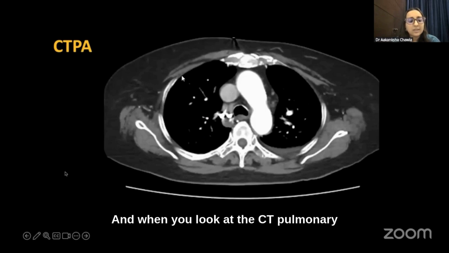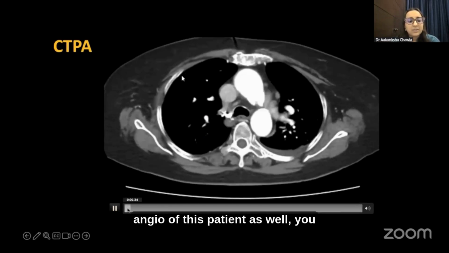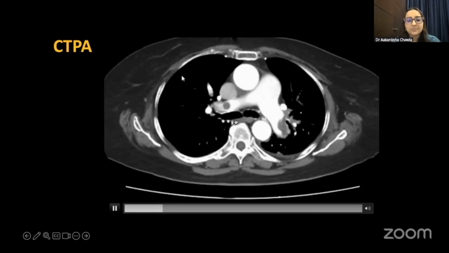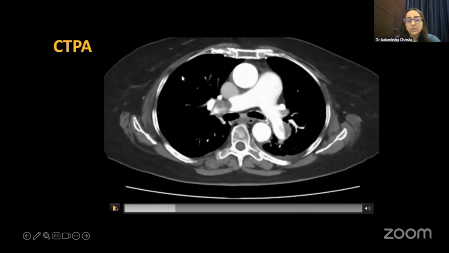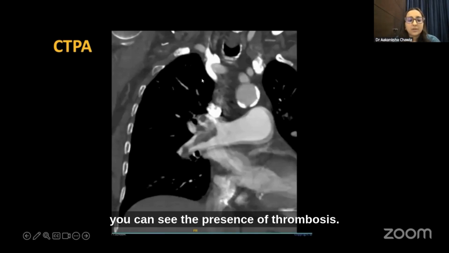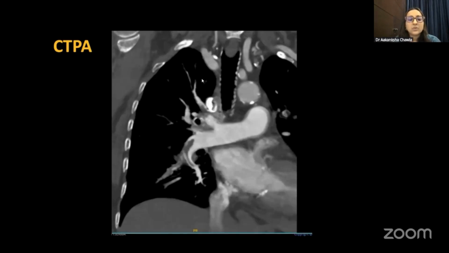When you look at the CT pulmonary angiogram of this patient, you can see characteristic thrombosis on both sides. Again, on this coronal cut, you can see the presence of thrombus.